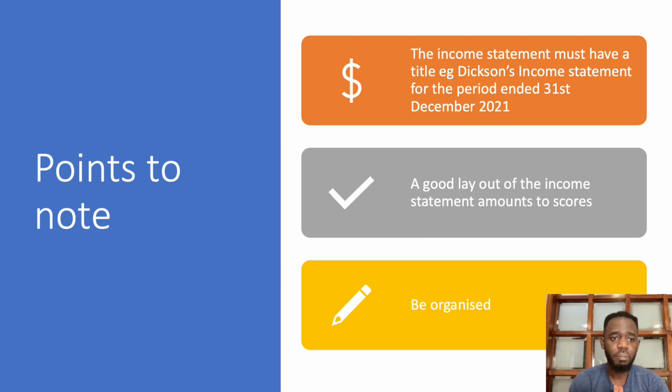But some of the key points you need to note are that every time you're laying out your income statement, remember to give it a title. A title itself is a reward. So maybe you could write a title from the question, stating that this is Dixon's income statement for period ended 31st December 2021.